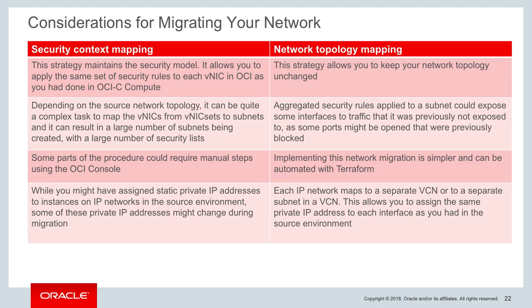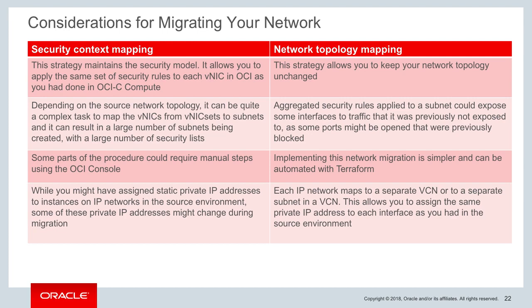This table shows you the differences between security context mapping and network topology mapping. As I mentioned earlier, security context mapping maintains the security model. It will allow you to apply the same set of security rules to each VNIC in OCI as you had done in OCIC compute.